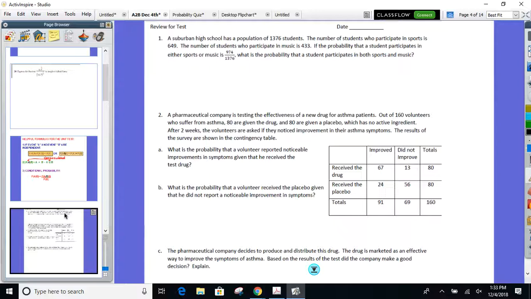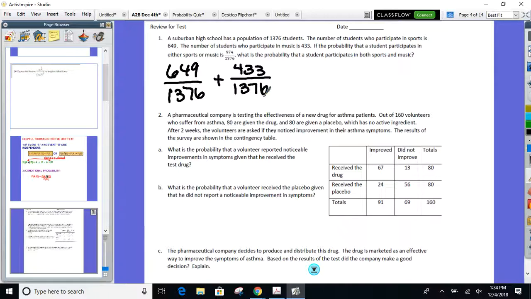That's what I was thinking. 649 out of, what's the total number of students? 1,376, yep. Plus, what's the other thing they do? Music, which is 433 out of 1,376, but that's not where you have to end it.